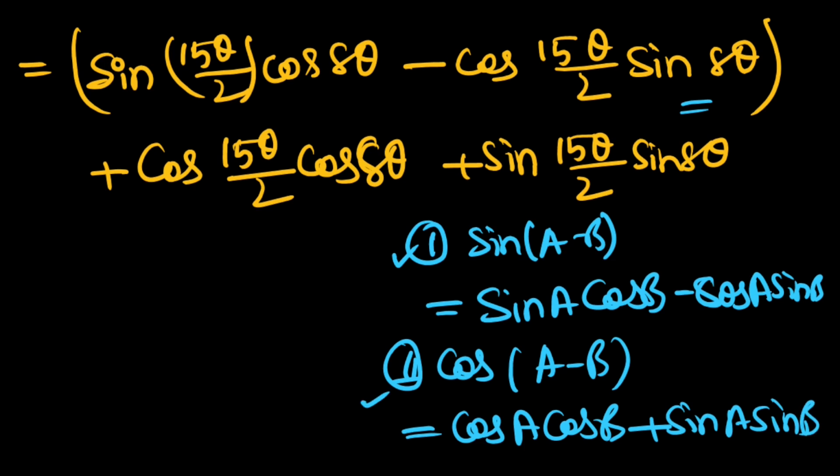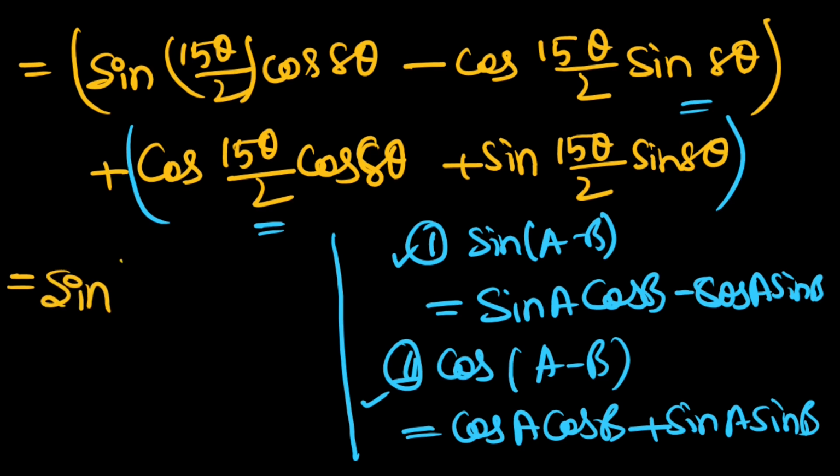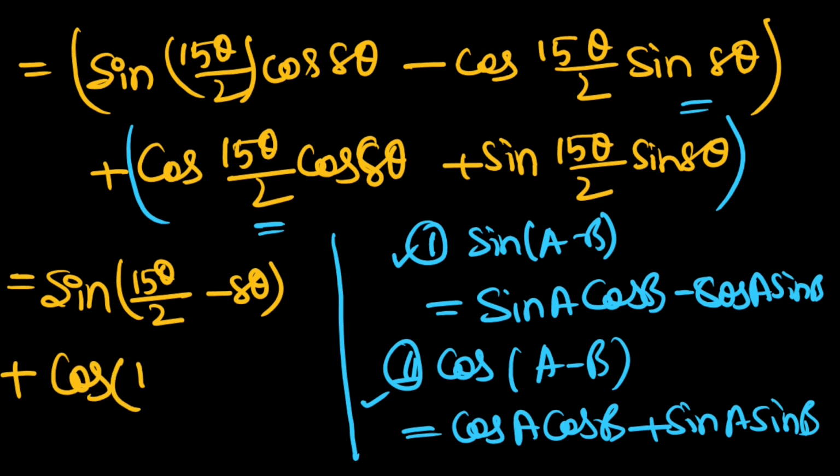This second one is used for the second terms. So we write, for the first one, sine cos minus cos sine, that is sine of a minus b, so sine of 15 theta over 2 minus 8 theta, plus the second term, cos of a minus b, cos of 15 theta over 2 minus 8 theta.